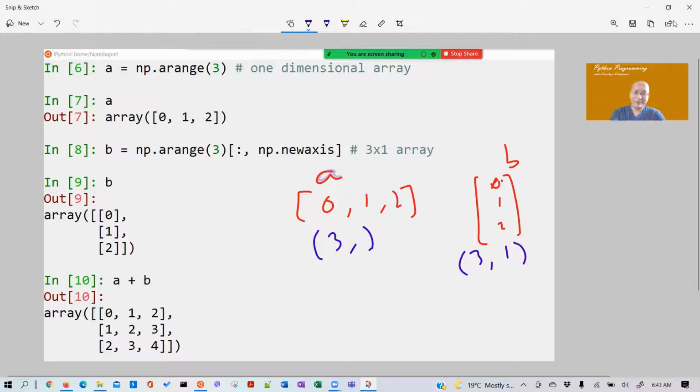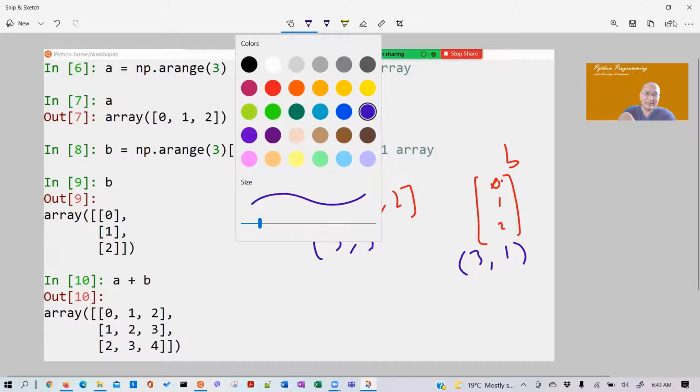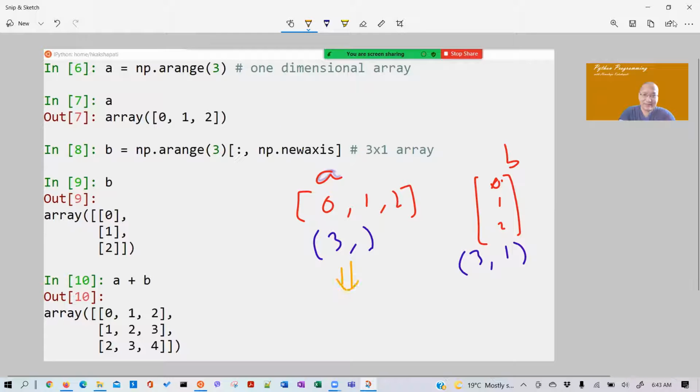So what we can do is this: we need to broadcast both. We can take both to a 3x3. Let's broadcast this as well as this.